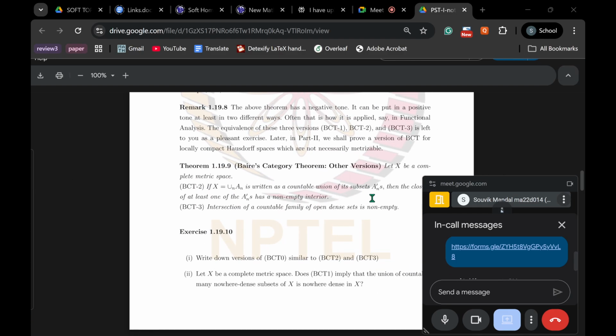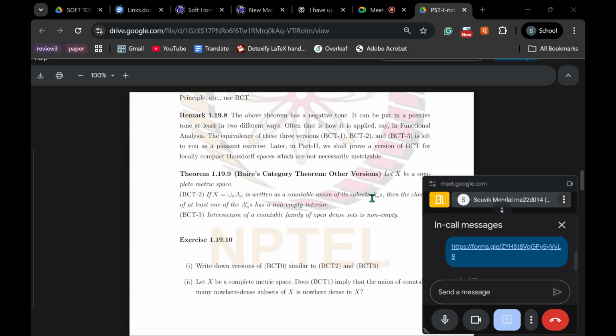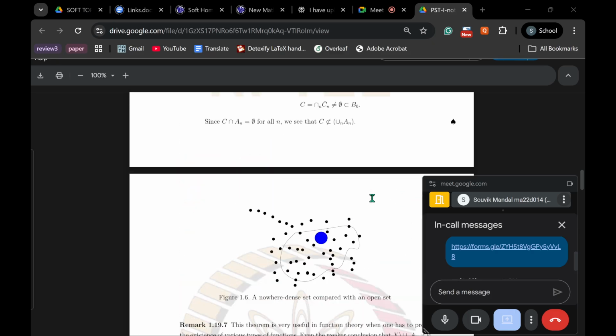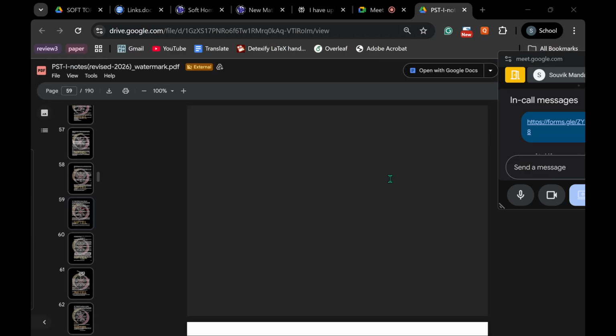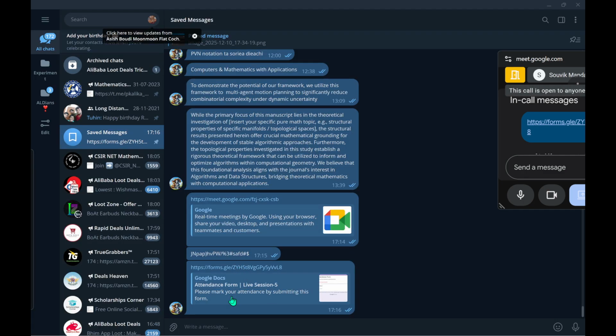BCT 0 similar to BCT 2 and 3. What is BCT 0? BCT 0 is written here. Wait a minute, sir. It was written somewhere. On page number 60, I think it is BCT 1.